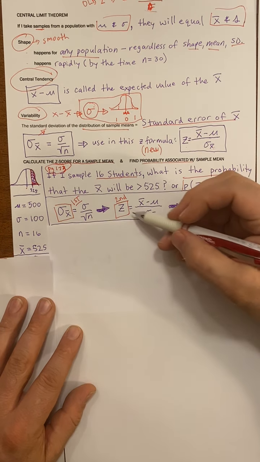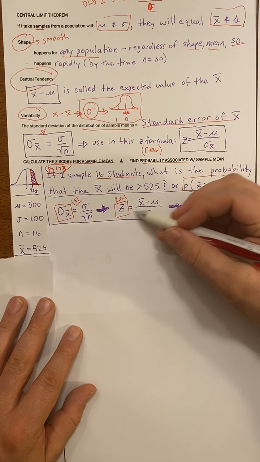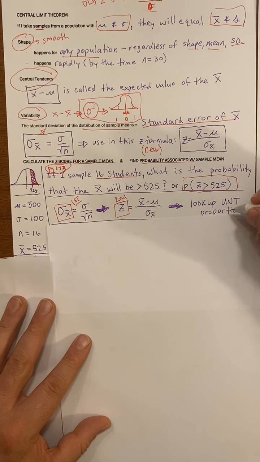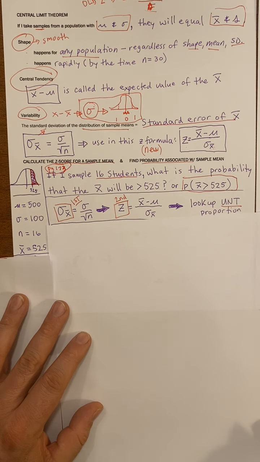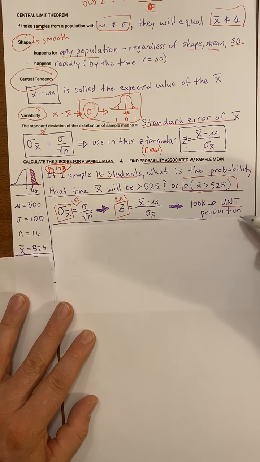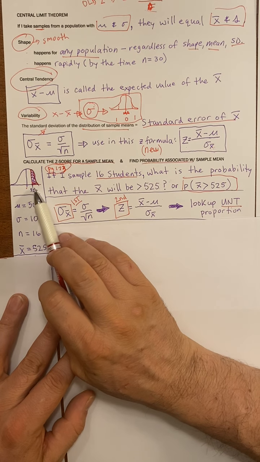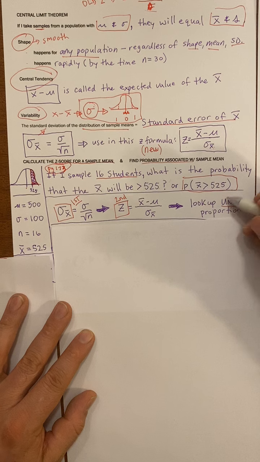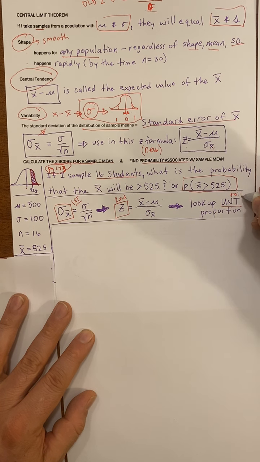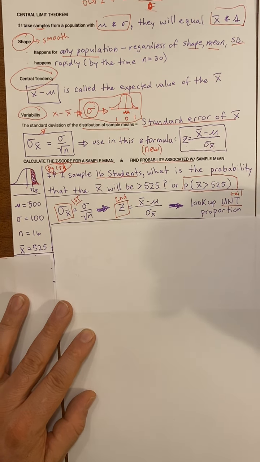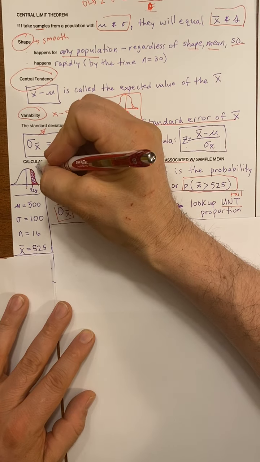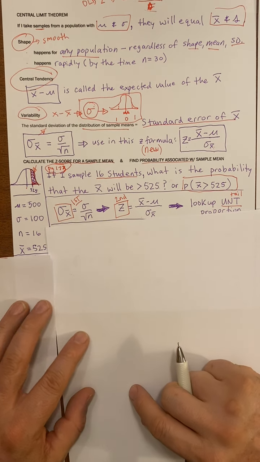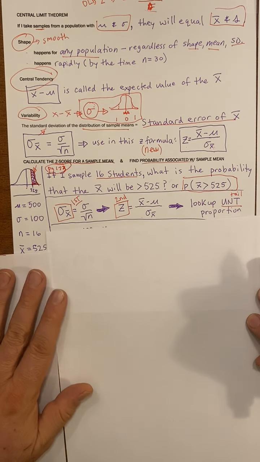So once you have figured out what this z value is, you will then use that z value to go look it up at that unit normal table, right? You can look up the proportion. In this case, because we're talking about this section of the curve, for the z that we get, we're going to look up what is the tail in this example. And that tail will give us the proportion that's in that part of the curve. Okay, so let's go ahead and actually solve this problem.